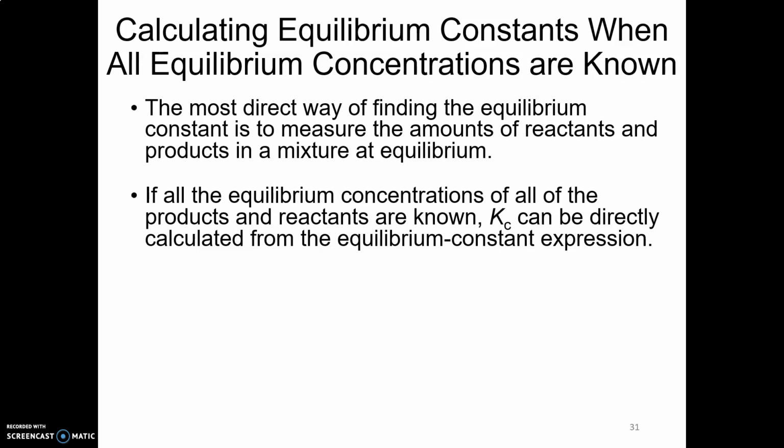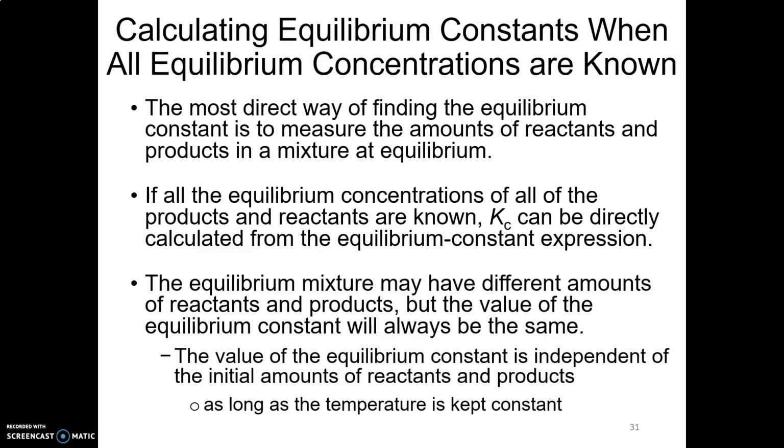Step 1, write the equilibrium constant expression, and then step 2, you plug in all your numbers and solve for what K is. Because remember, the only thing that changes K is temperature. As long as they tell you it was done at a constant temperature, another way to say constant temperature is iso, same thermal. So isothermal is constant temperature. As long as you know it's an isothermal reaction, then if you know all the equilibrium concentrations, you should be able to get K from that.